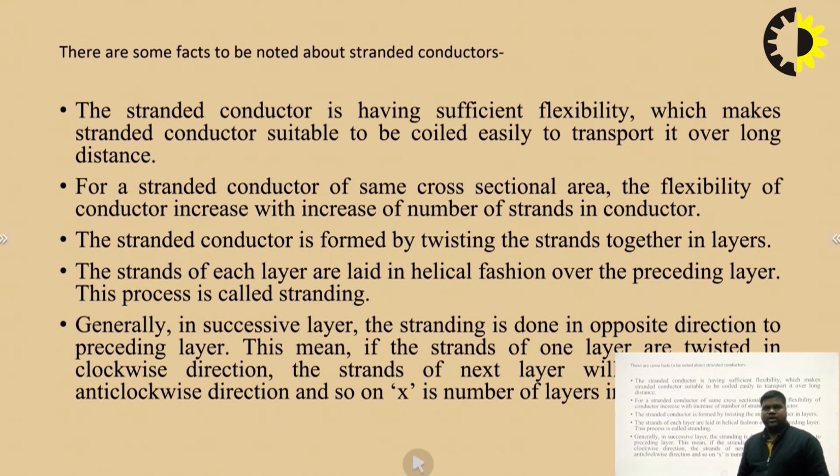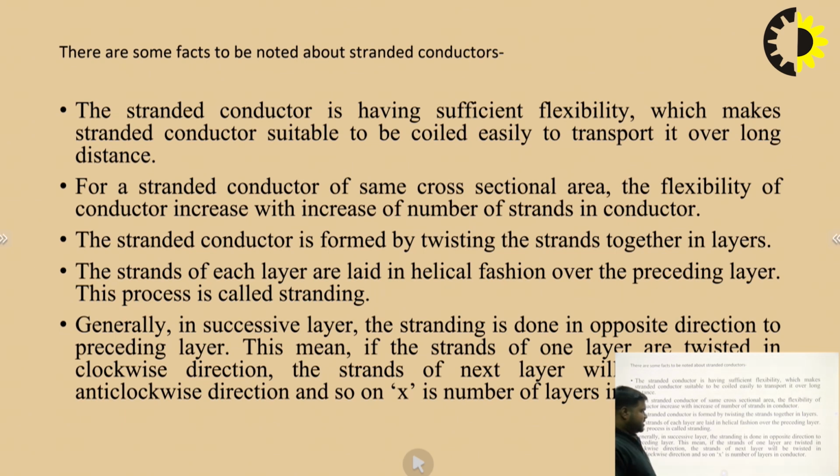The stranded conductor is formed by twisting the strands together in layers. The strands of each layer are laid in a helical fashion over the preceding layer. This process is called stranding. That's why it is called a stranded conductor. Generally, in successive layers, the stranding is done in the opposite direction to the preceding layer.